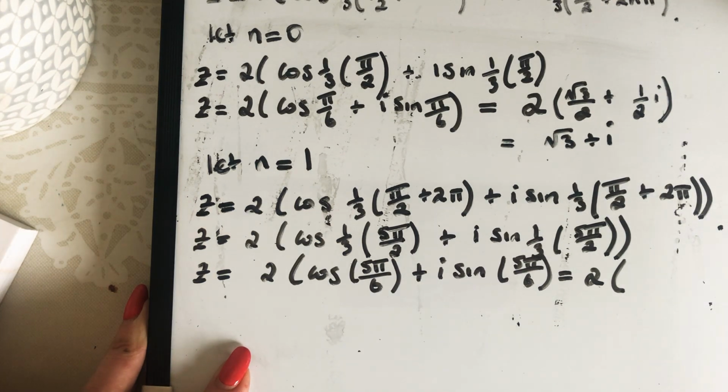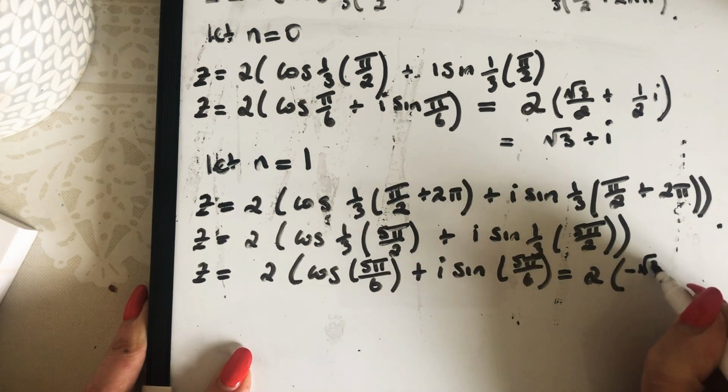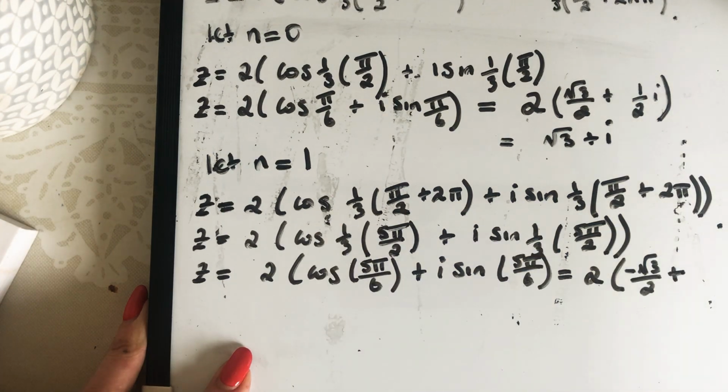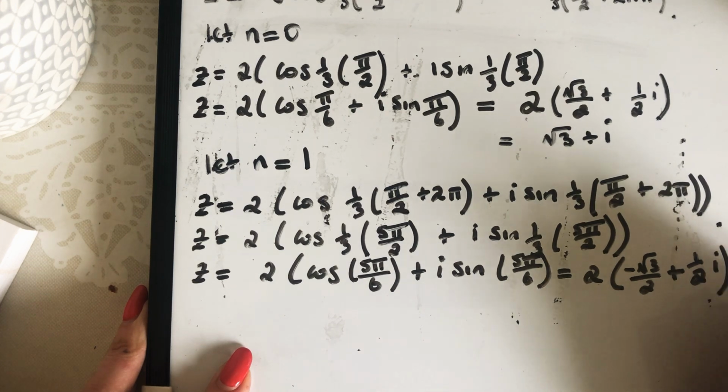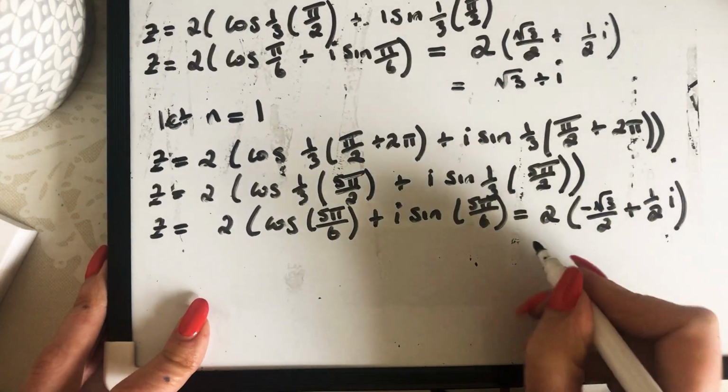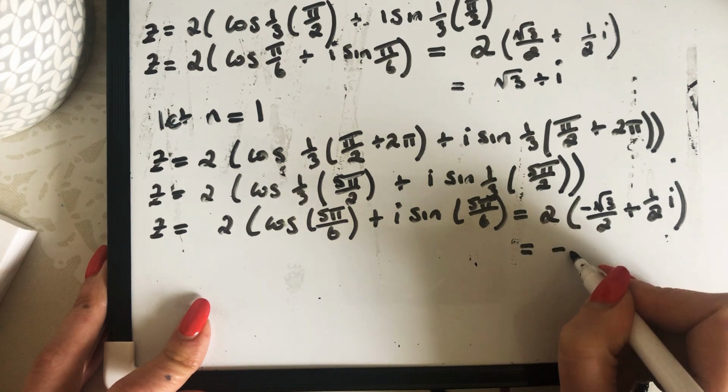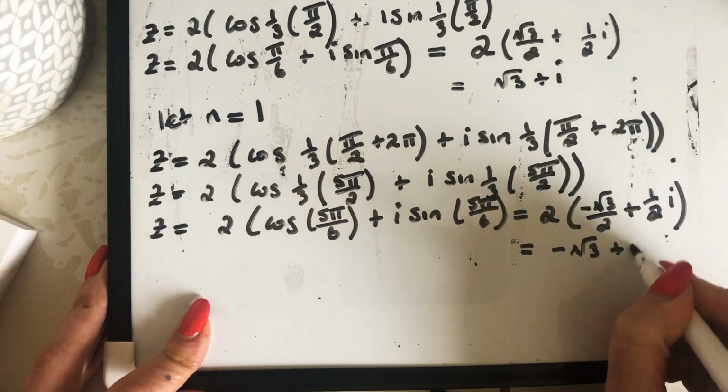So when we put cos 5 pi over 6 in, we get minus root 3 over 2, plus i sine, which gives us a half. So when you multiply in the 2, we get minus root 3 plus i.